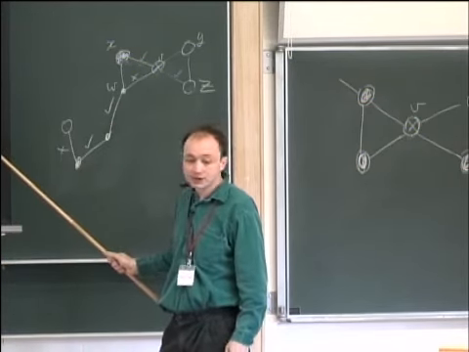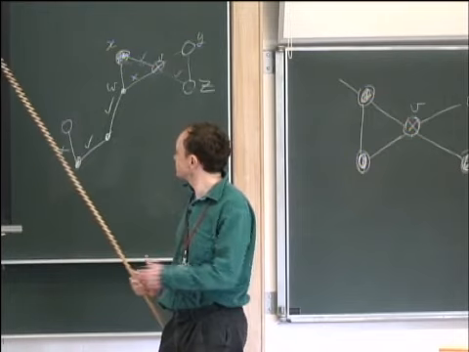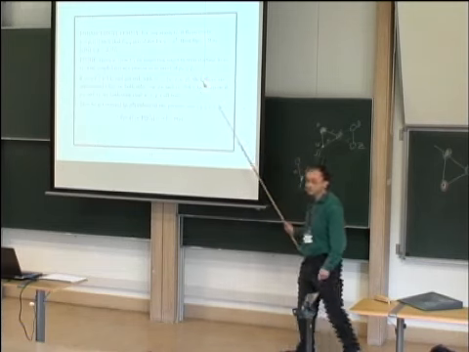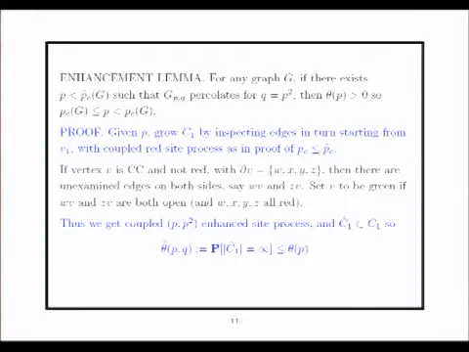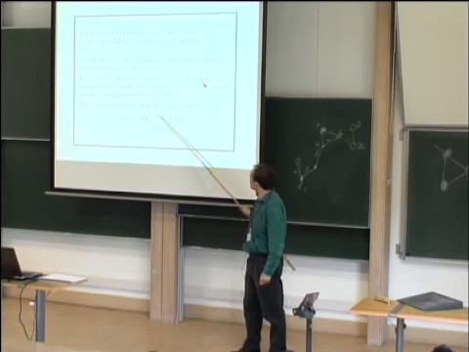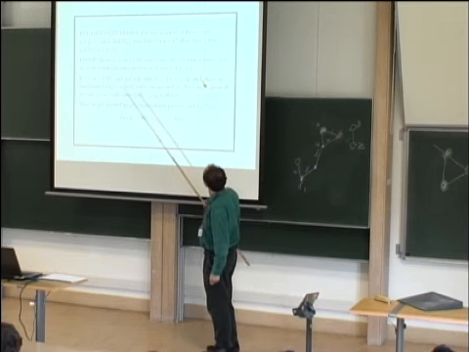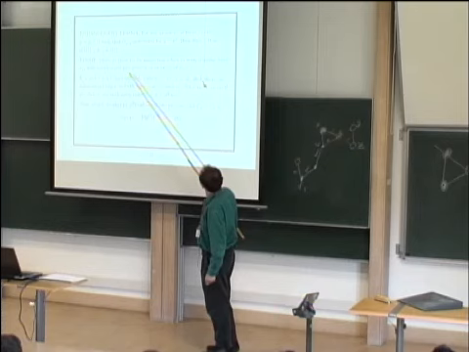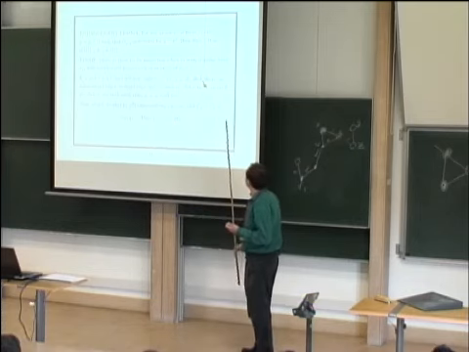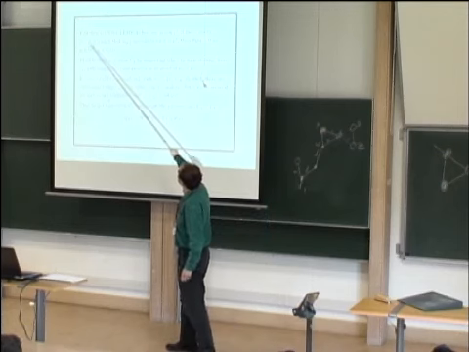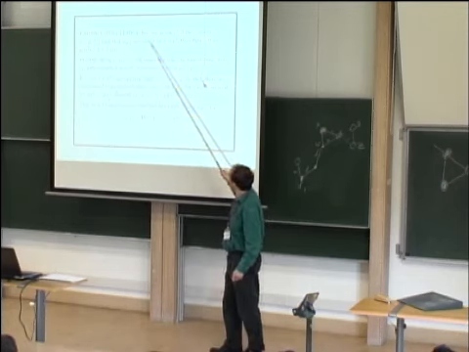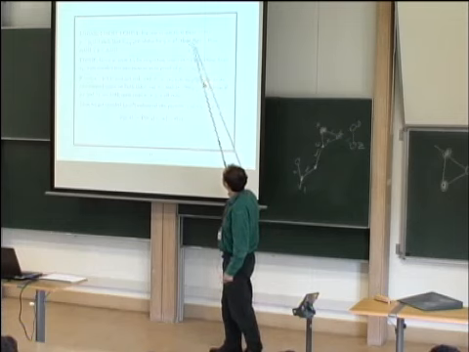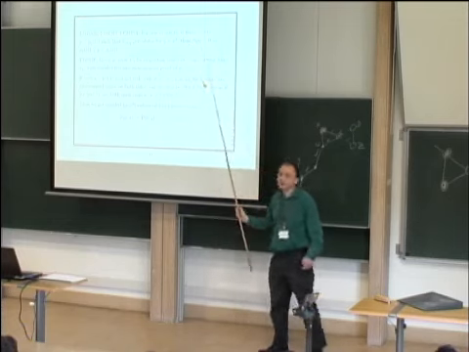That's the enhanced site percolation cluster of red and green vertices, starting from V1, which is contained in the bond percolation cluster, and then you've got the same sort of inequality as before. So that gives us that if the enhanced site percolation process percolates, then the bond percolation one does as well, which is what we're saying up there.